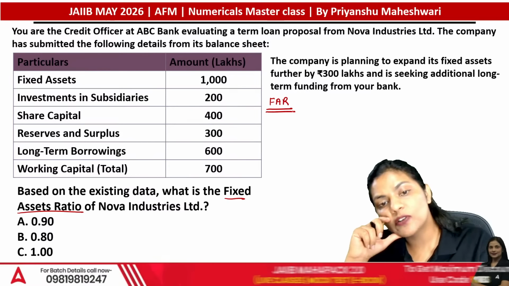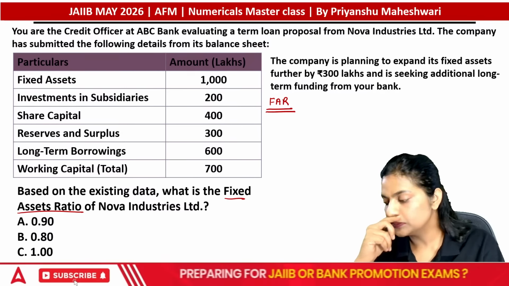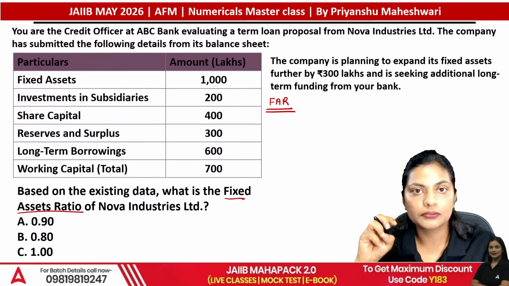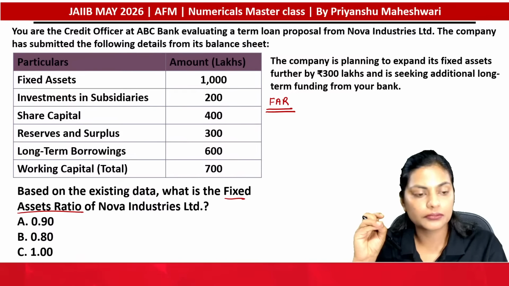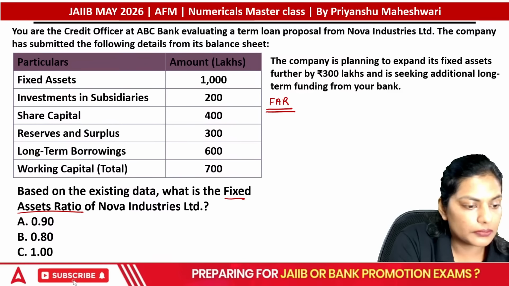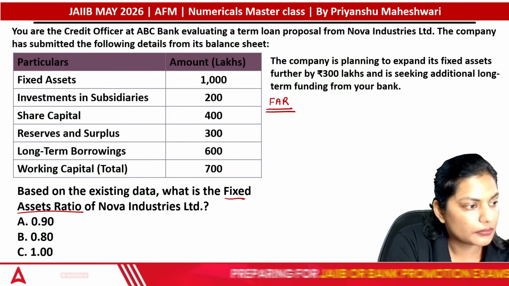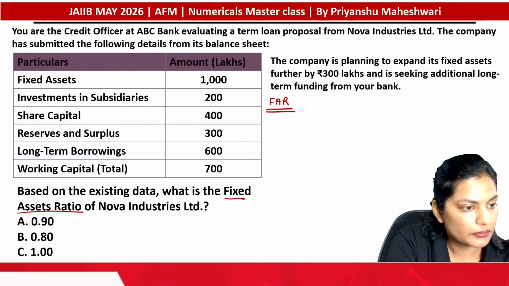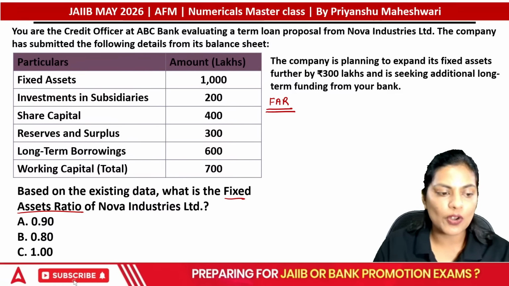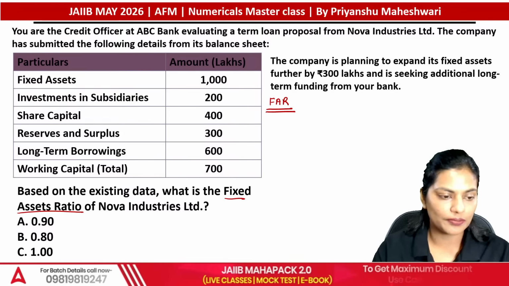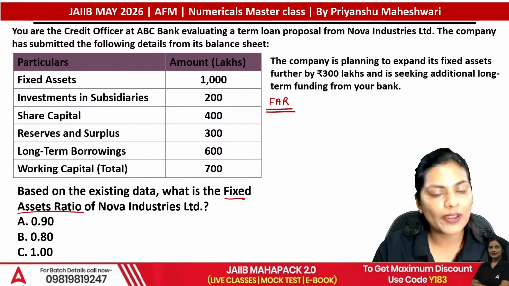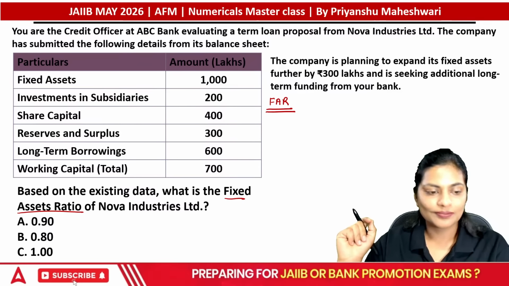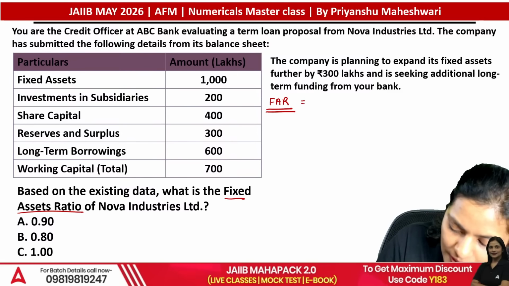What is the satisfactory level for fixed asset ratio? .67 or less. Very good. See, you know everything. Why are you worried? That's a tougher thing. And you know it. Just have faith on yourself.